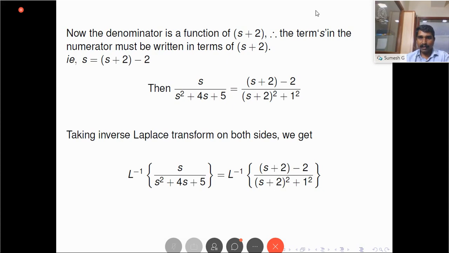we have to multiply the whole expression by e raised to minus 2t.